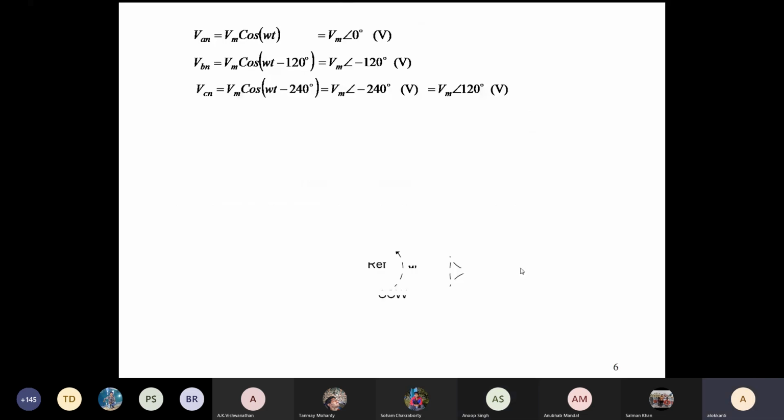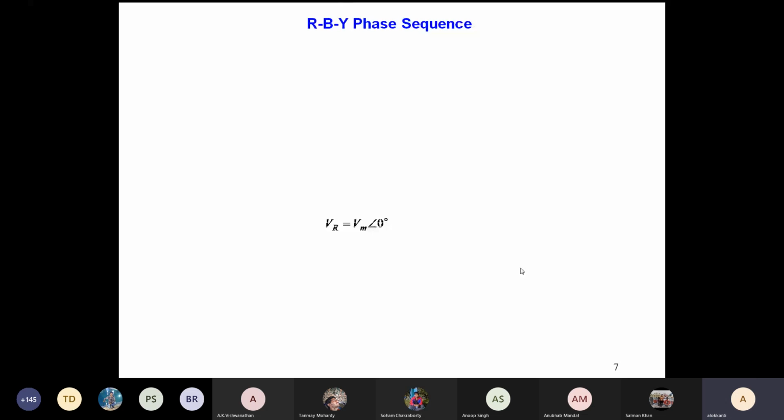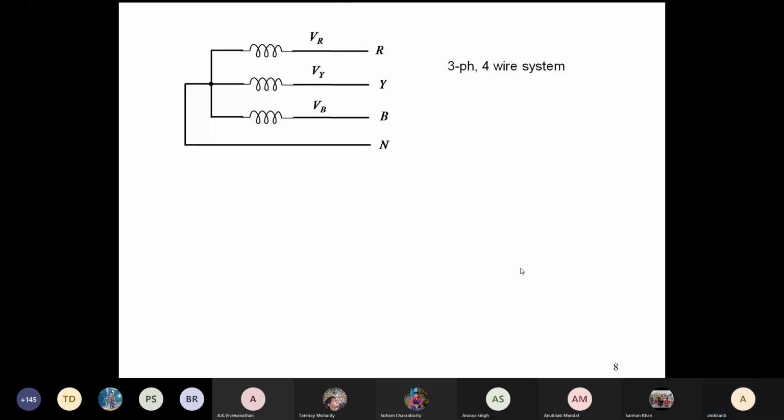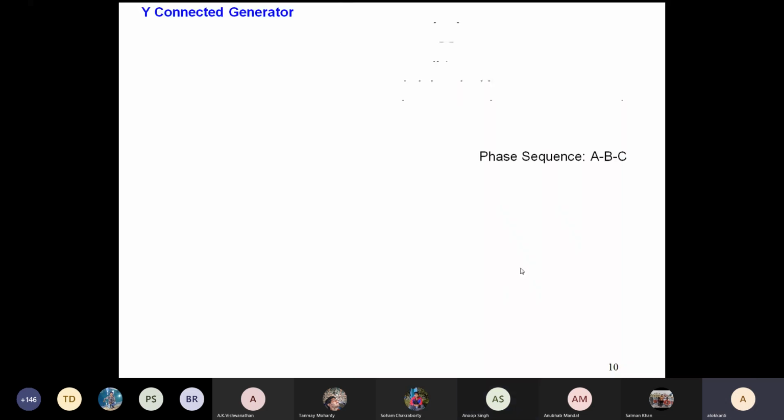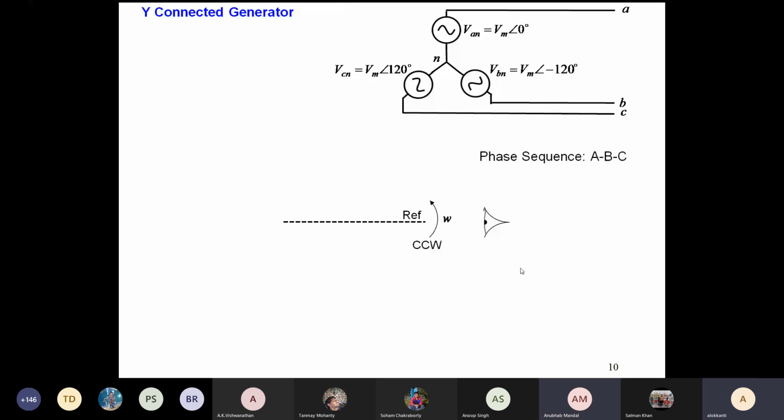We have also done RBY, RYB, three-phase four-wire and three-phase three-wire, and I think we are doing the Y-connected generator. Did we complete this? Yes, sir.